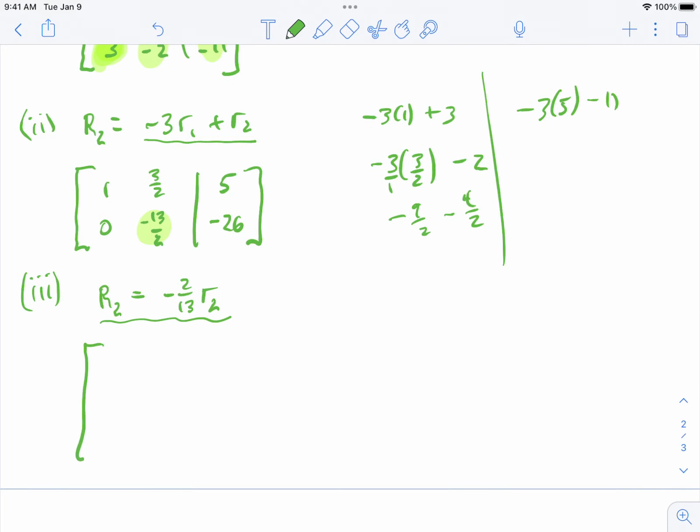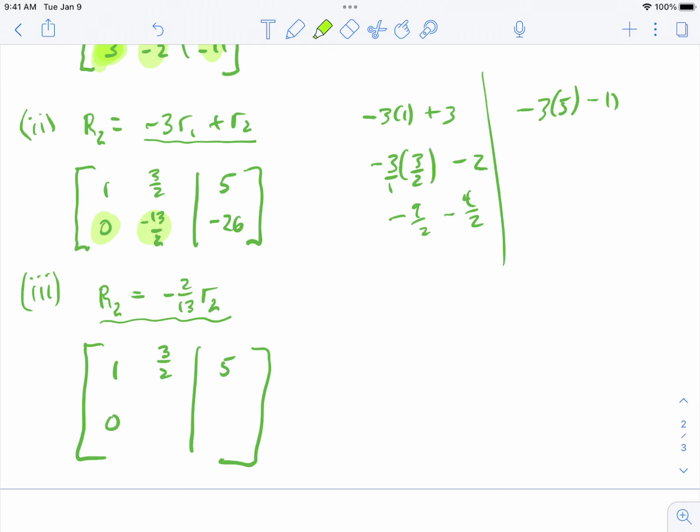So, first row, we are not changing at all. Just copy that in. But the next row, now you really got to do this all the way across the row. So a negative 2/13 times 0 is 0. Okay.